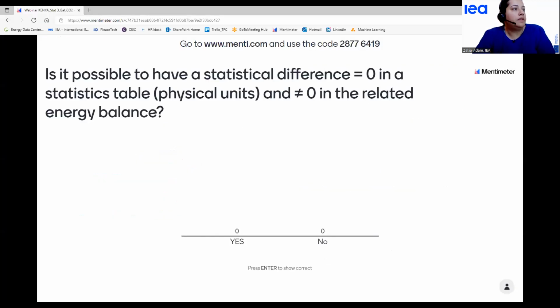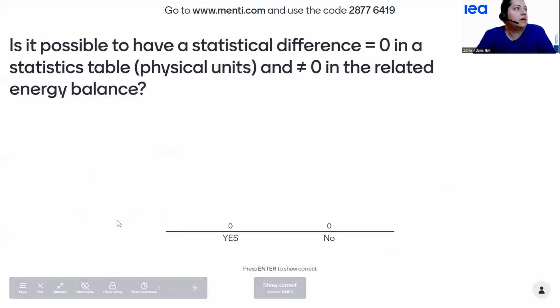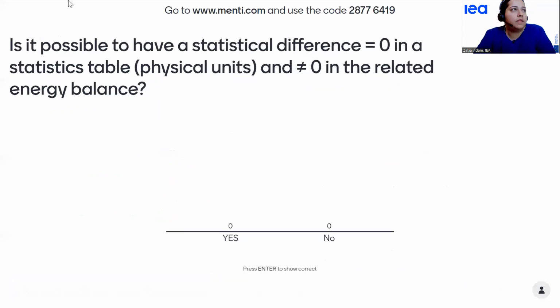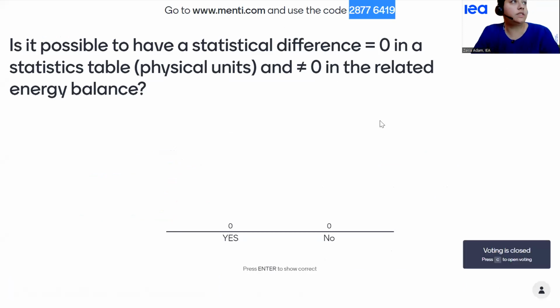Please connect to www.mentee.com and use the code that appears on the screen here: 28, 77, 64, and 19. I put it in the chat box as well.